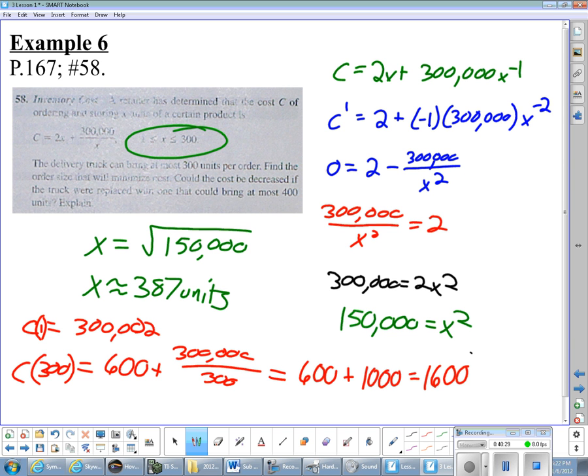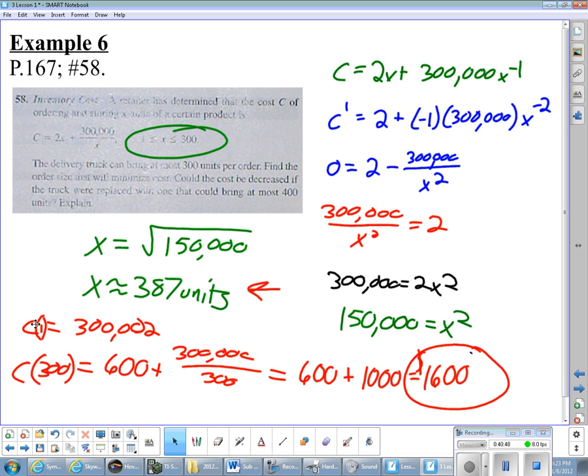I think it's dollars there, if you want to look quick. So to minimize cost, if we had a bigger truck that used the same function, 387 units would be our minimum cost, but with 300 units, that's how much it'll cost: 1,600.